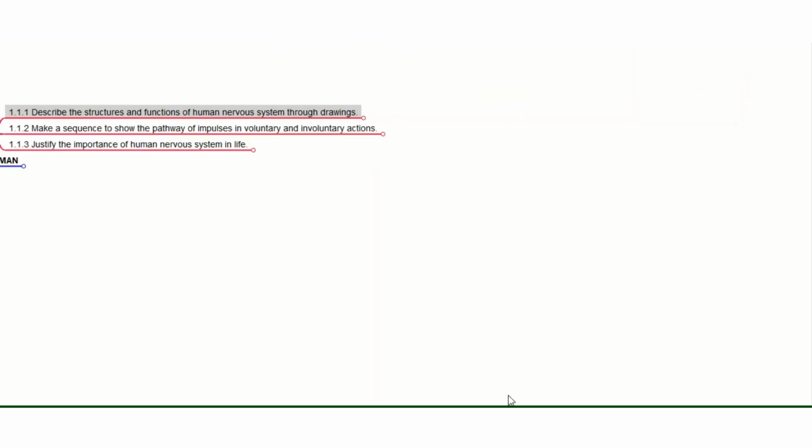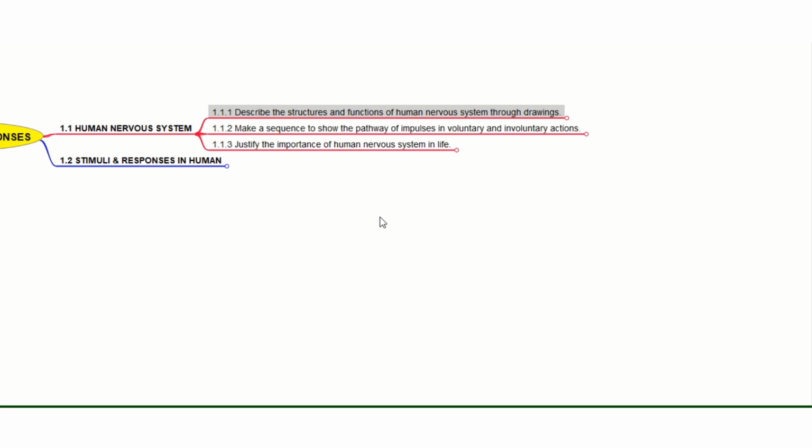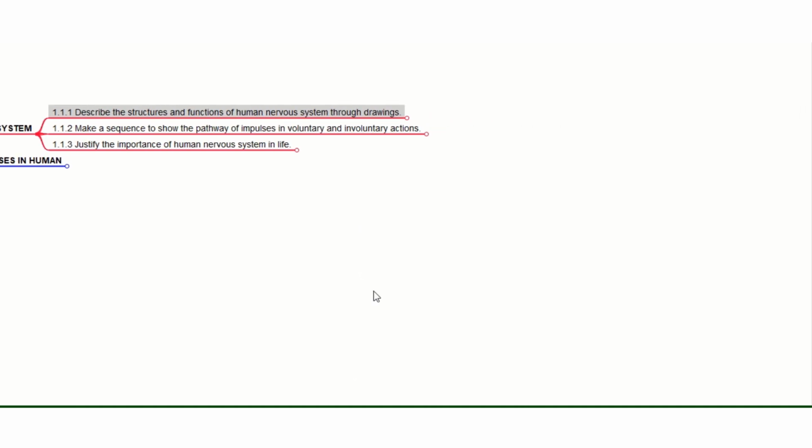After that let's take a look at the second learning standard, 1.1.2, make a sequence to show the pathway of impulses in voluntary and involuntary actions.